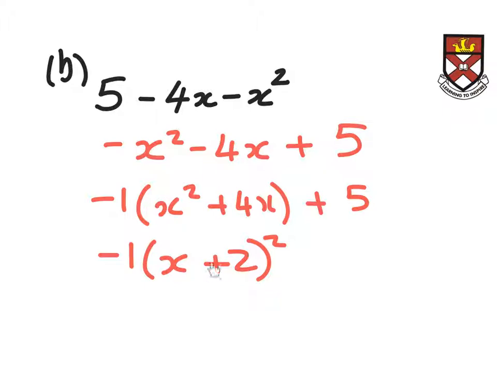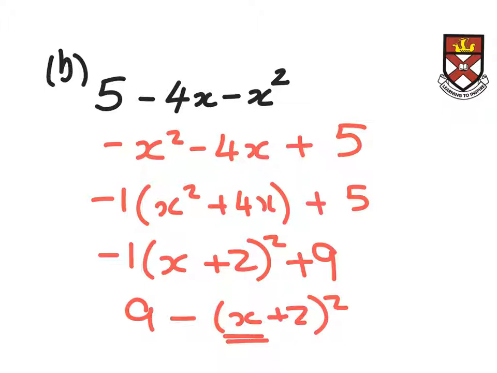Now the bracket is going to give me a plus 2 squared. Plus 2 squared is 4, but because it's got a negative sign there, negative 1 times that 4 is going to be negative 4. How do I get negative 4 up to 5? By adding on 9. And then I'll write it back round the way that we would normally write it. 9 take away x plus 2 squared. So that's my answer. It is not your answer. Yours is a wee bit easier.